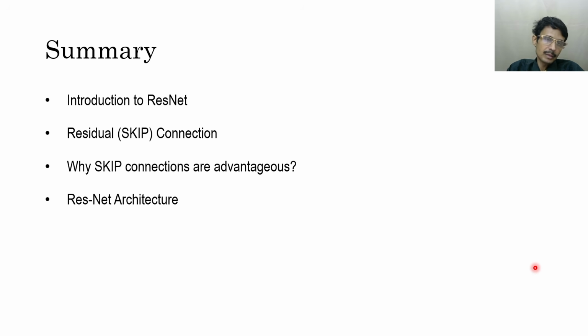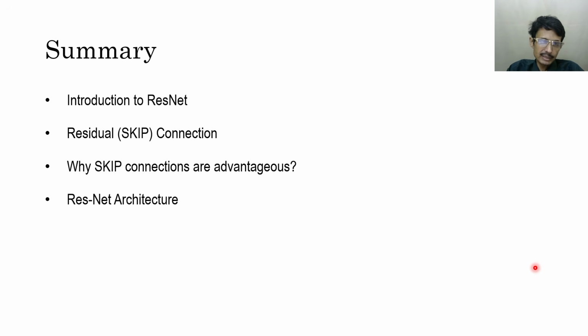So in summary, in this lecture we discussed ResNet. First, we tried to understand what we mean by the residual connection, popularly known as skip connection. Then we discussed why skip connections are advantageous and make ResNet very efficient.